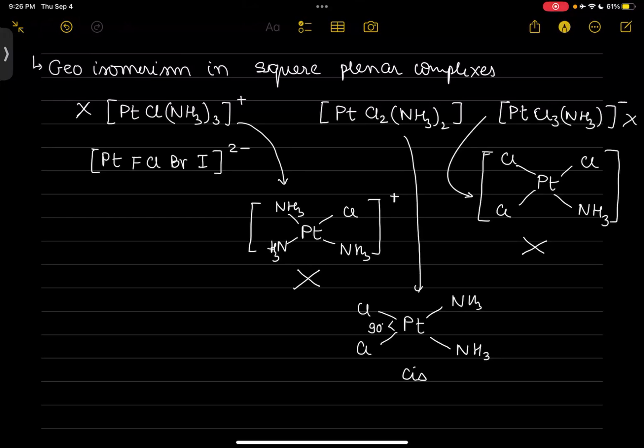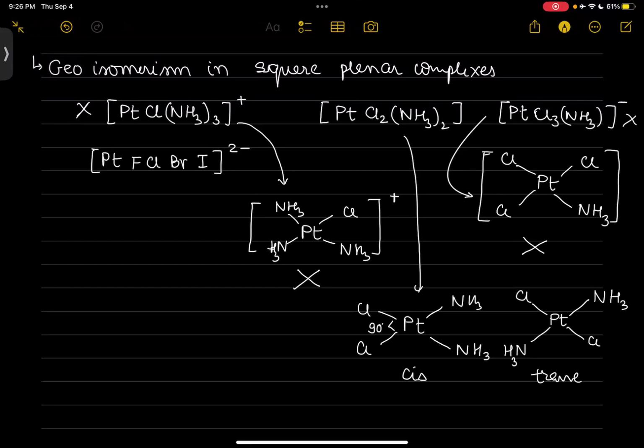Is it clear? Marwa, suppose I draw them like this, what is the angle between the two amine ligands? It is 180. They are exactly opposite to each other. So that is trans.